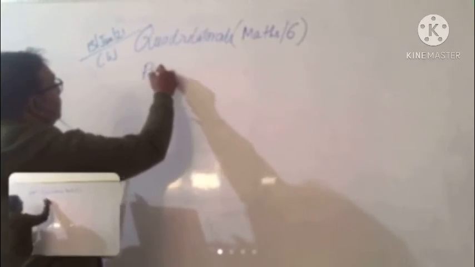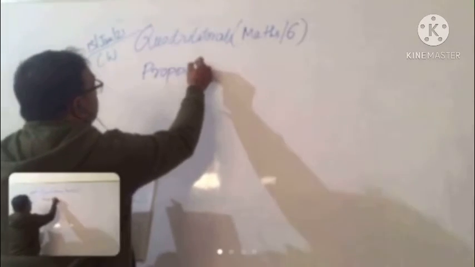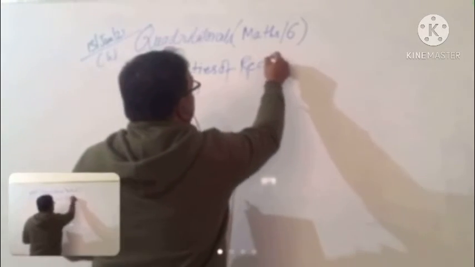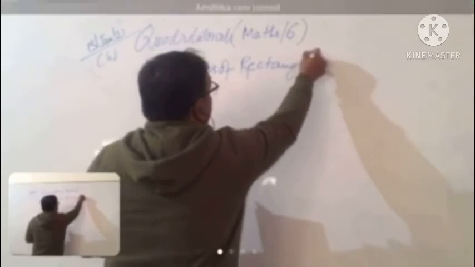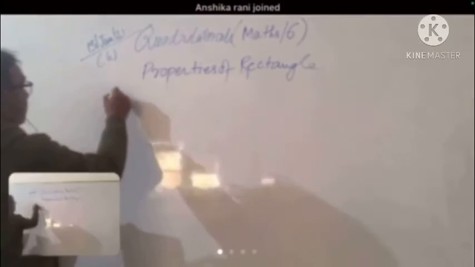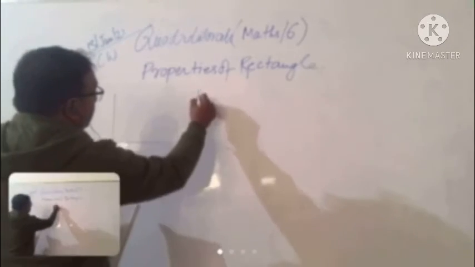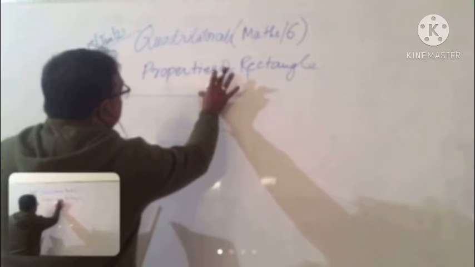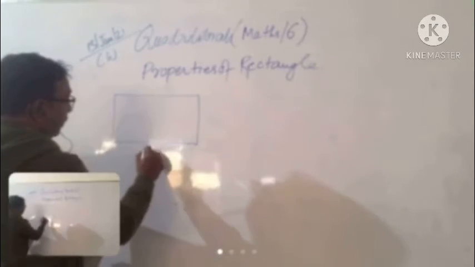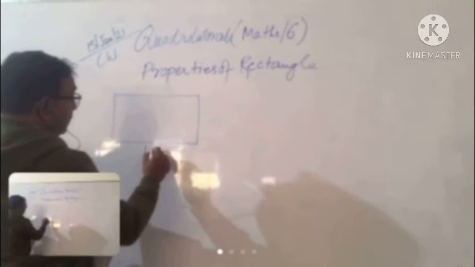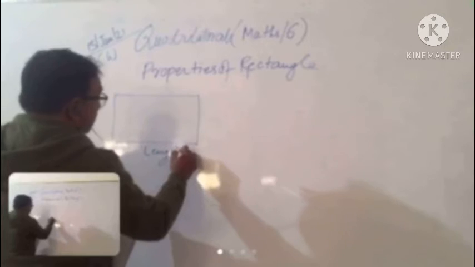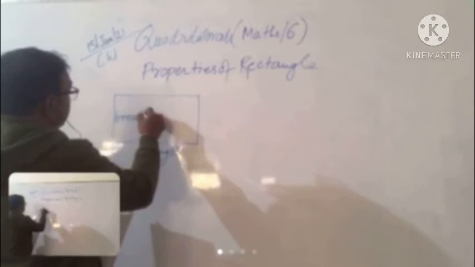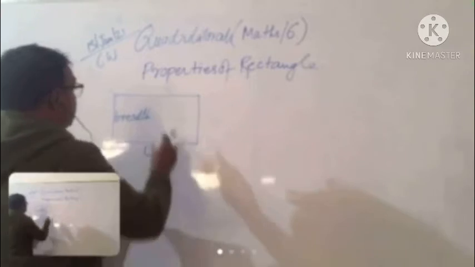Now the properties of rectangles. You see this figure ABCD is a rectangle, and the longer side is called the length and the shorter side is called the breadth.